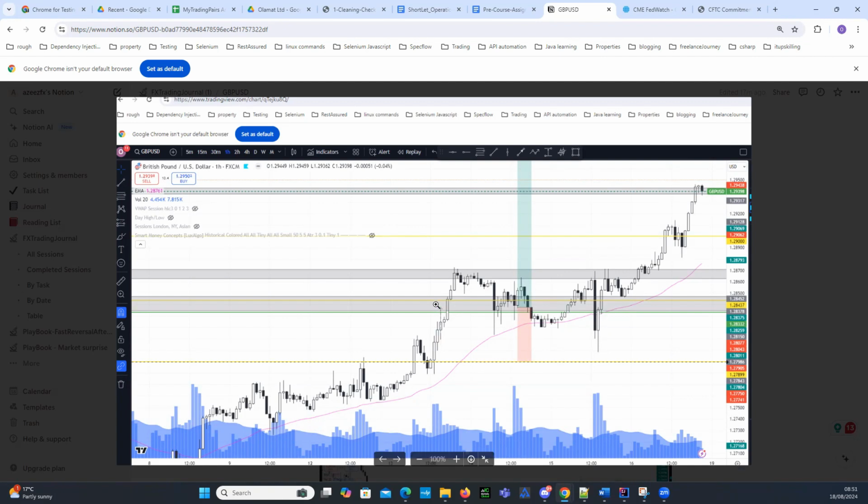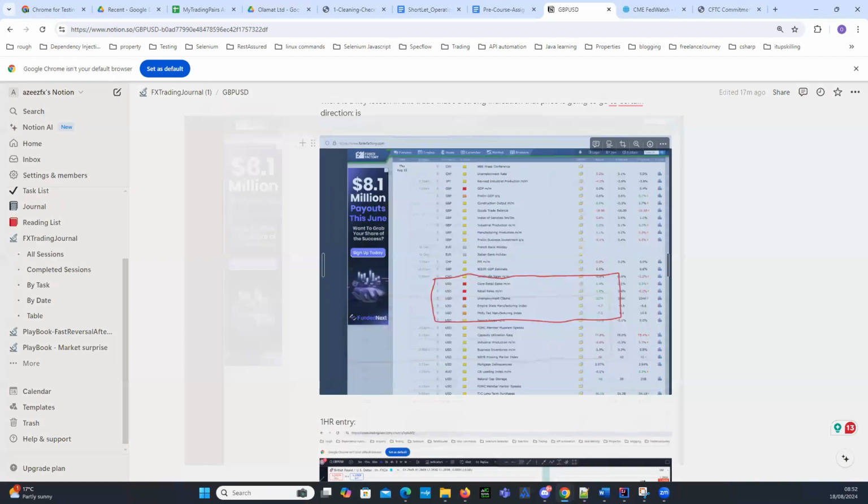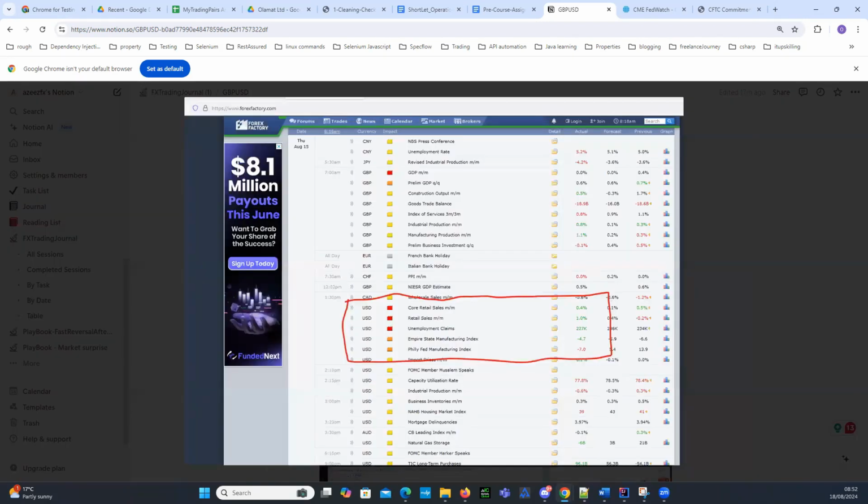On these days, the market was anticipating going long on GBPUSD, and there was interesting data coming for USD. Even though the market is trying to sell the US dollar, look at this day, the 15th of August.